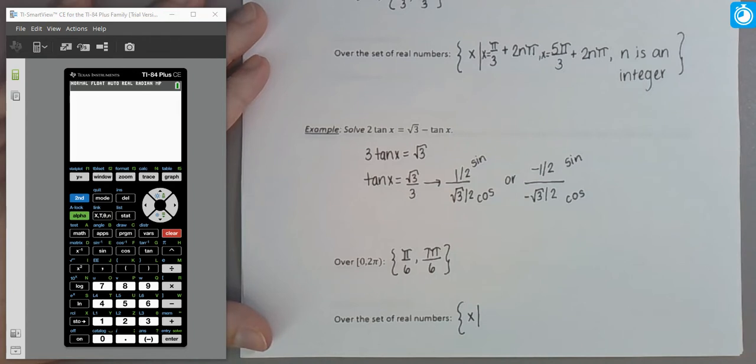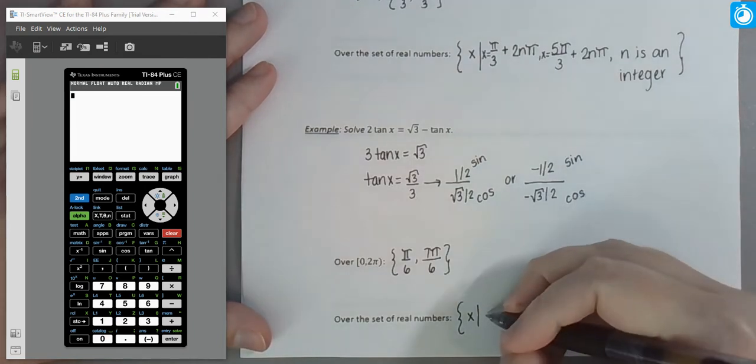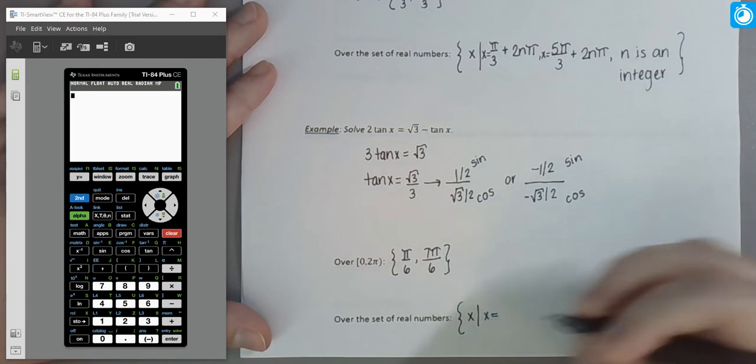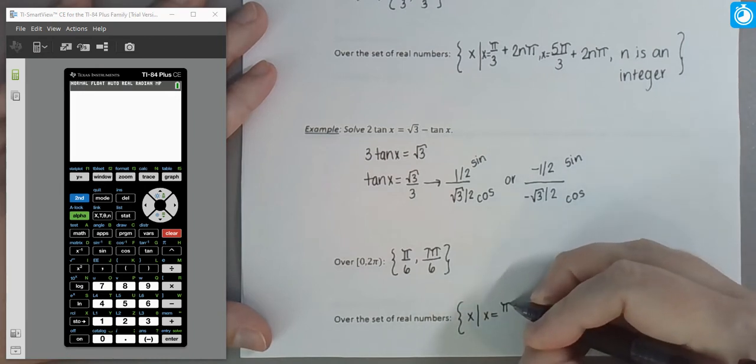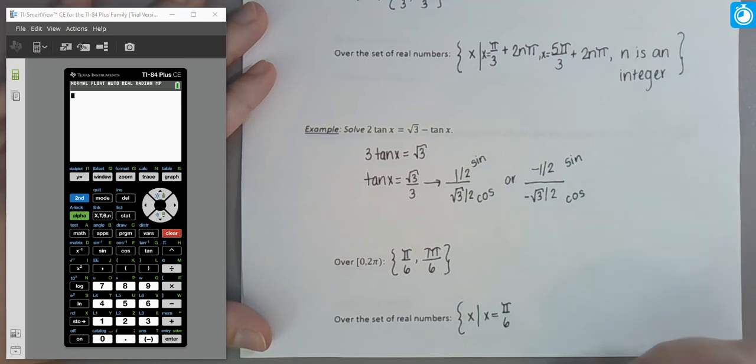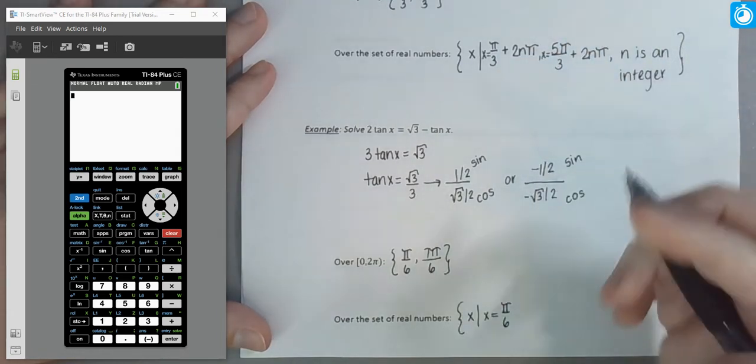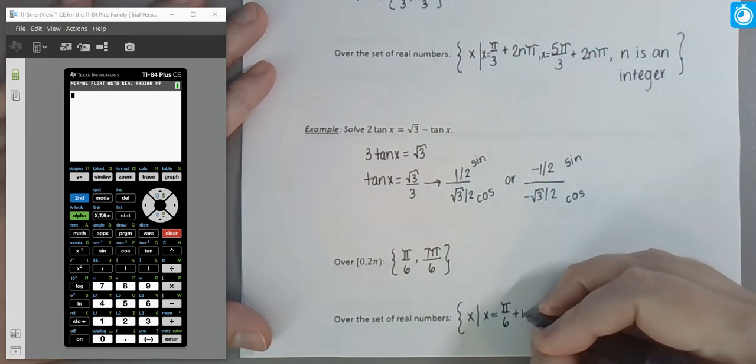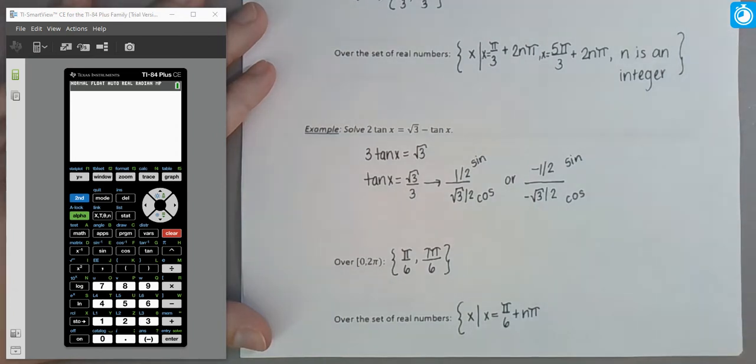So just as values for tangent start to repeat faster, solutions to the equation will also start to repeat a little bit faster. They'll repeat not after 2 pi radians, but after pi radians. So one portion of the solutions is generated by taking pi/6 and adding on not multiples of 2 pi, but just multiples of pi, multiples of that half rotation.